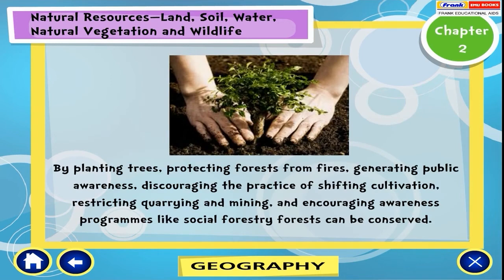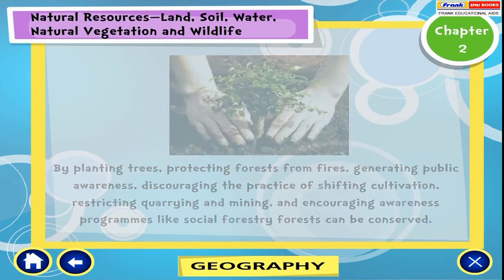By planting trees, protecting forests from fires, generating public awareness, discouraging the practice of shifting cultivation, restricting quarrying and mining, and encouraging awareness programs like social forestry, forests can be conserved.